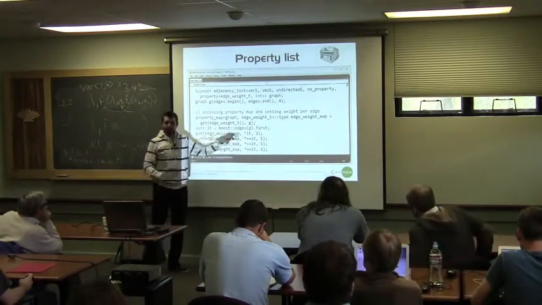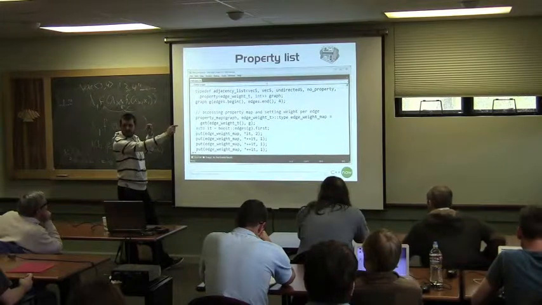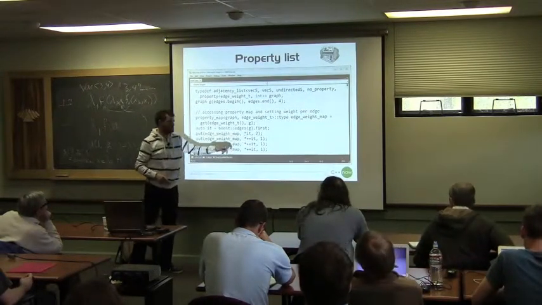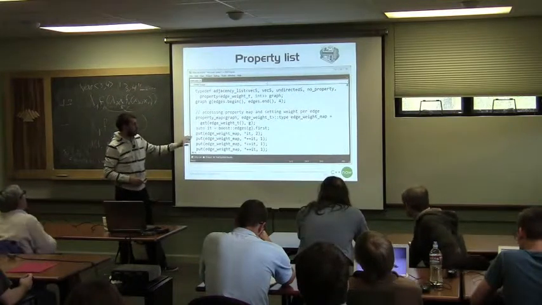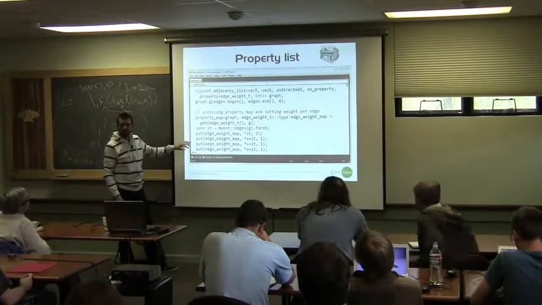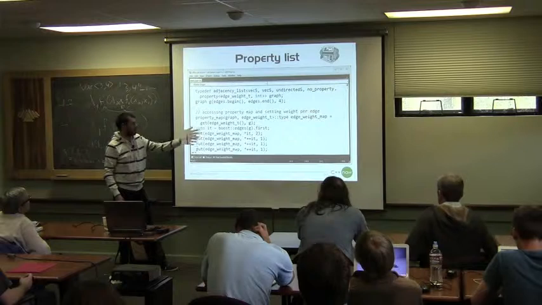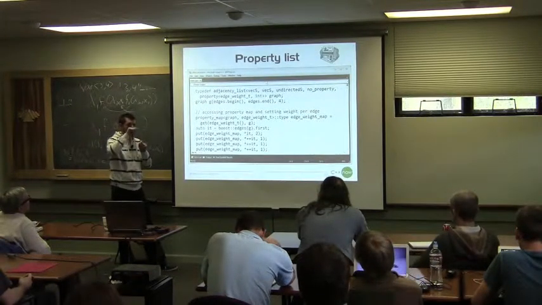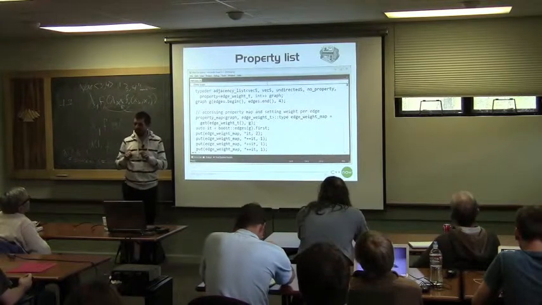This is the first edge, the top edge from the top left to the top right corner. And I want this edge to have a weight of 2. I can do it by calling a function put, and I just need to pass in a couple of parameters. This way I can access the weights of each and every edge individually.